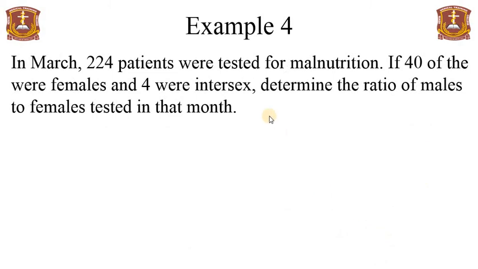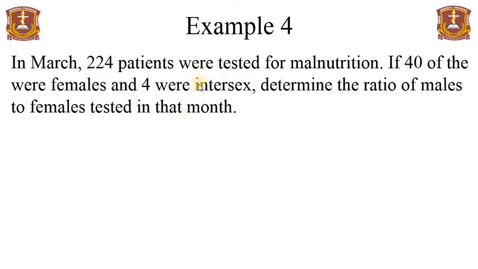Question 4. In March, that is a month, 224 patients were tested for malnutrition. If 40 of them were females and 4 were intersex.